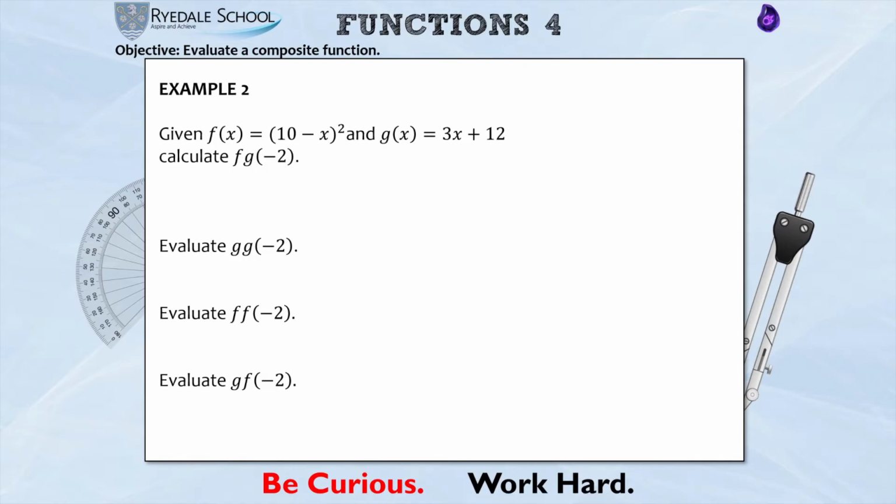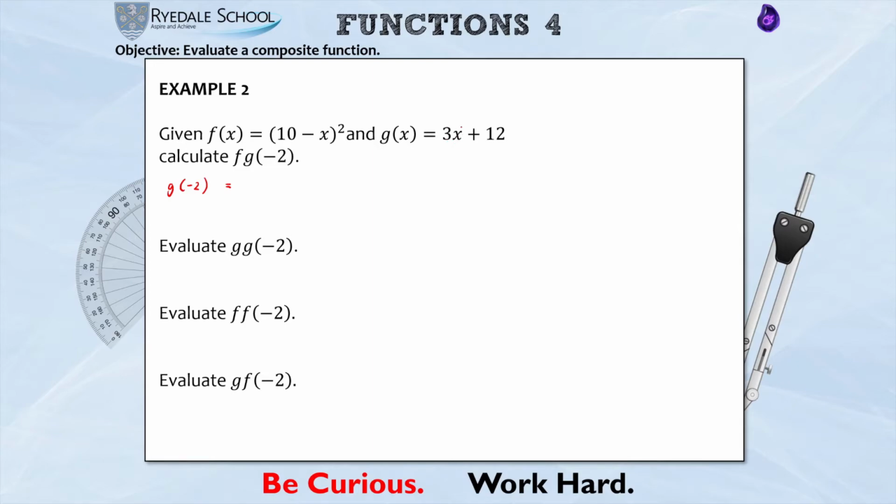And the first thing that we're going to calculate is f of g of negative 2. So which function am I substituting negative 2 into first? I hope you've got it right. We are going to do g of negative 2 first. And g of negative 2 is 3 times negative 2.